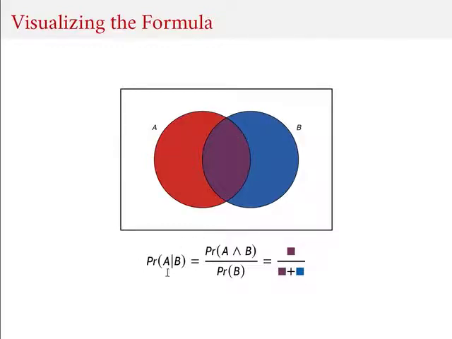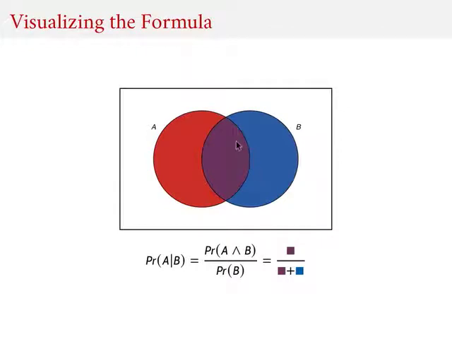That is what the conditional probability of A given B represents. And that is why we look at how much of B's overall probability is also A.